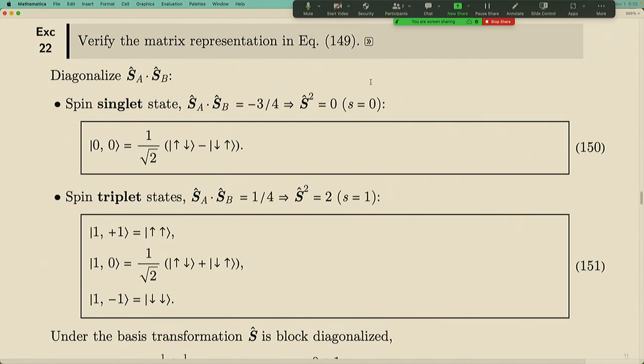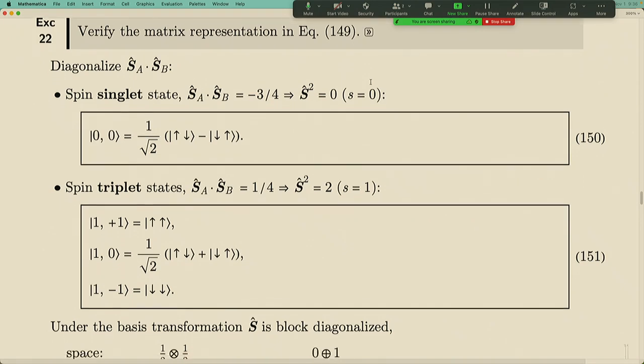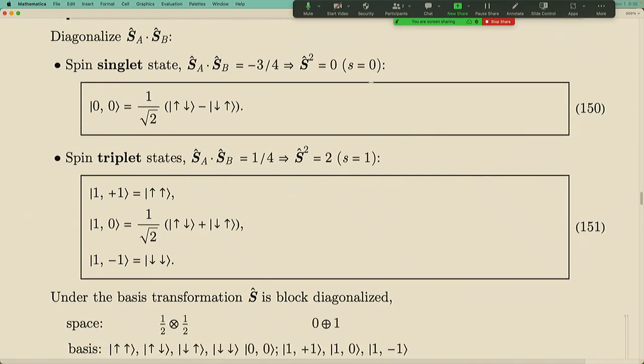And nicely, we have 3 states degenerate with this eigenvalue. So those 3 states can be organized to form |1,+1⟩, |1,0⟩, and |1,−1⟩. These are the state vectors associated with the triplet states. So that's what we can see here.